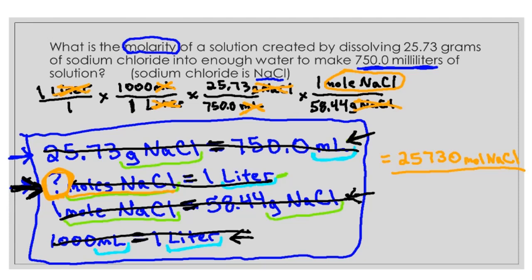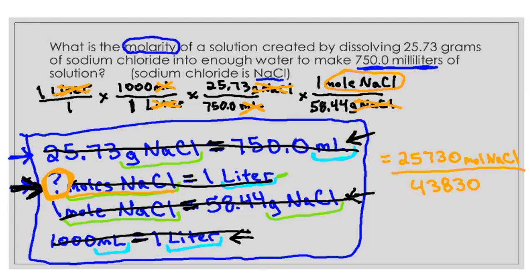We have 1 times 1 times 750.0 times 58.44. So the answer to that is 43,830.